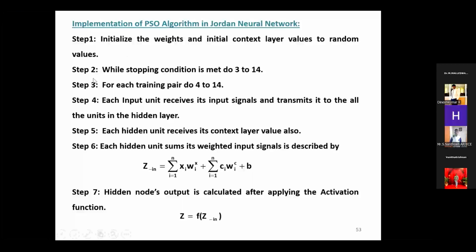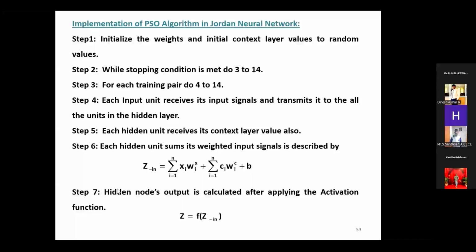Now, while the stopping condition is false, do steps 3 to 14. For each training pair, do steps 4 to 14. Each input unit receives its input signal and transmits it to all the units in the hidden layer. Each hidden unit receives its context layer value also. Each hidden unit sums its weighted input signals. How to find the value of a hidden node?